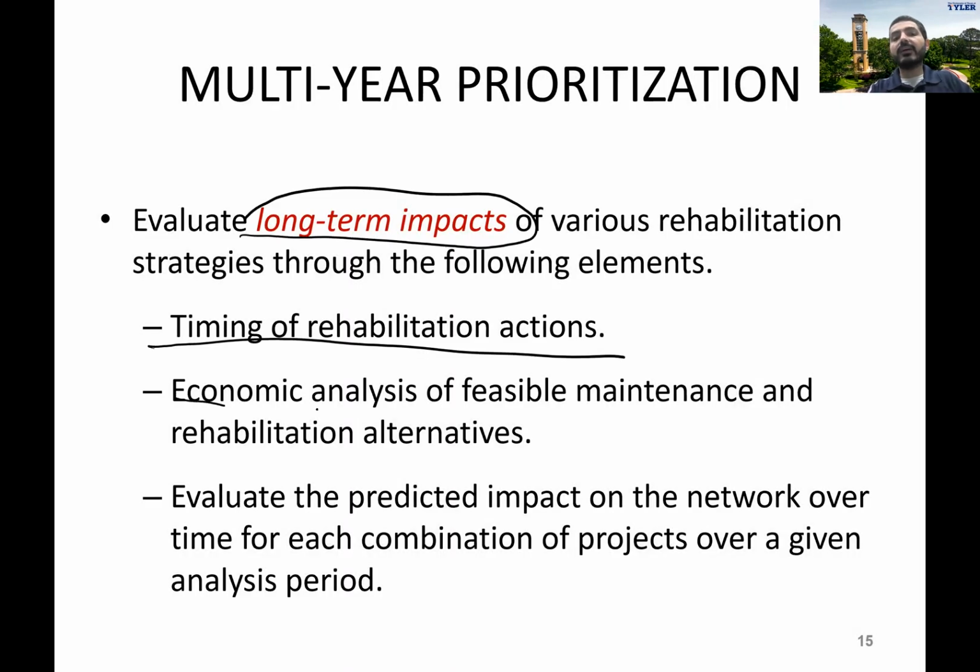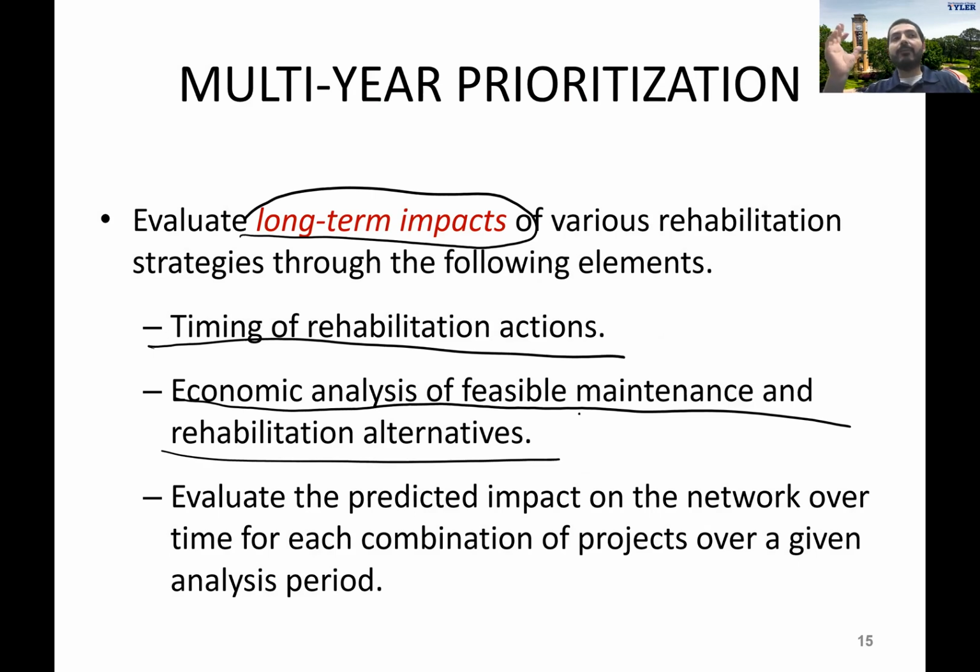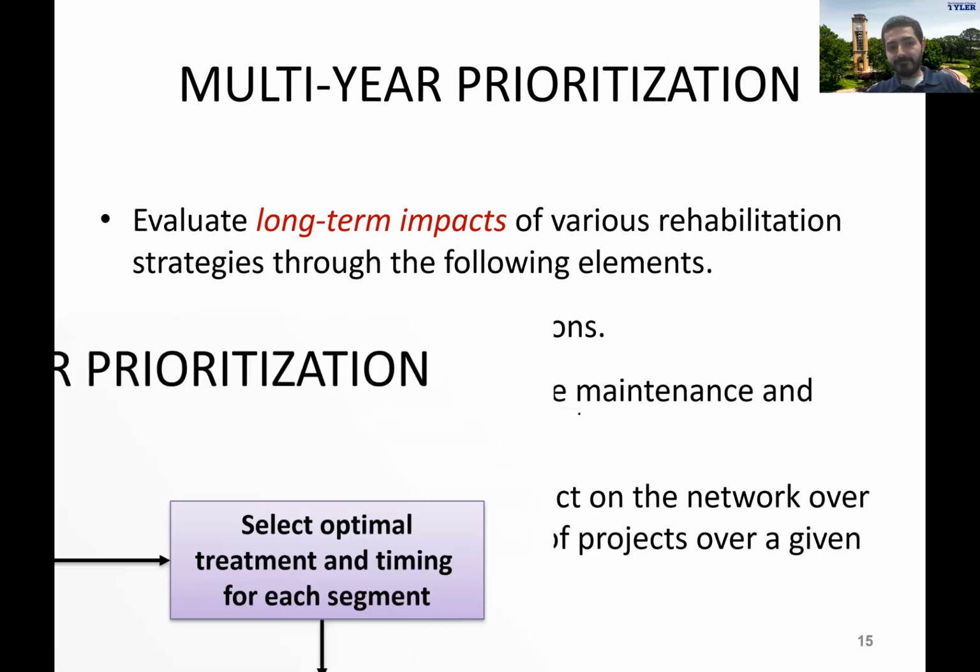And we also look into the economic analysis of the feasibility of the maintenance as well as the rehabilitation alternatives, and then also evaluate what would be the predicted impact on the overall network over time for each one of those combinations of projects over a given period of time. So that's basically what we're trying to accomplish using the multi-year prioritization system.